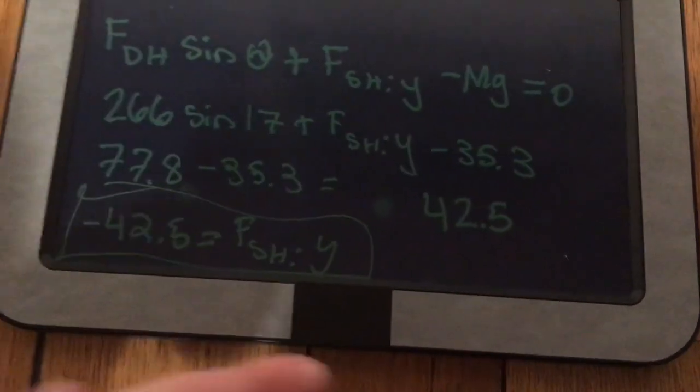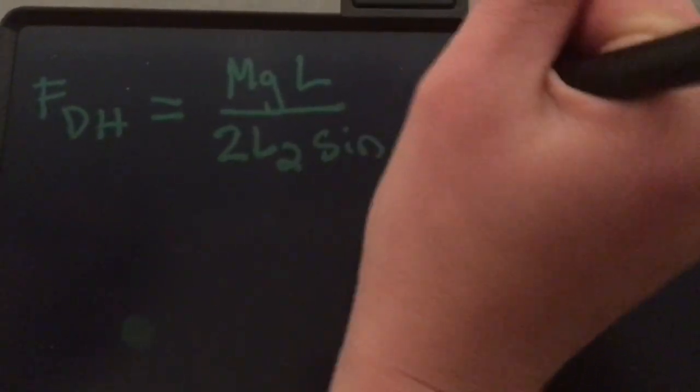See that? All right. Now we are going to solve for the torque around the point P as we said before, and FDH. This is when we're going to see that our forces cancel out. Are you guys ready? This is the moment of truth. Okay. FDH is going to equal mgL over 2L2 sine theta.